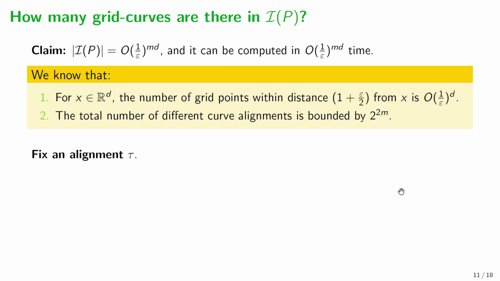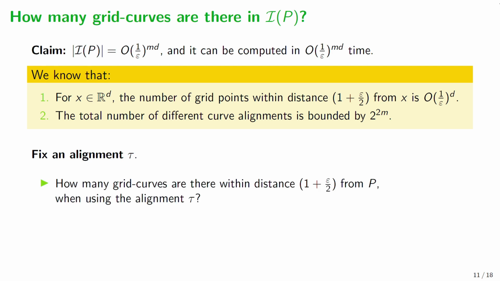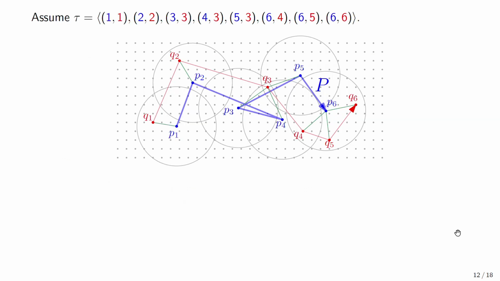Let's fix an alignment tau. Now we ask, how many grid curves are there within distance 1 plus epsilon over 2 from P when using only the alignment tau? Assume, for example, that our alignment is as follows.